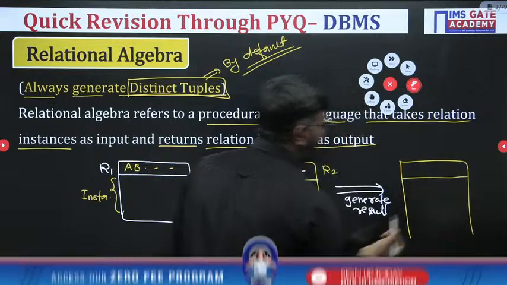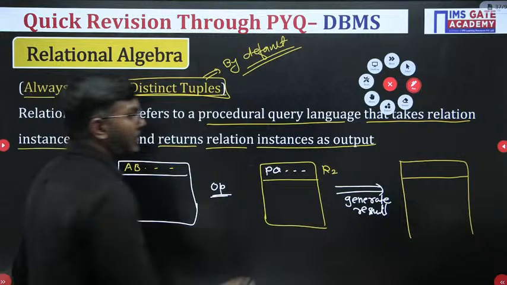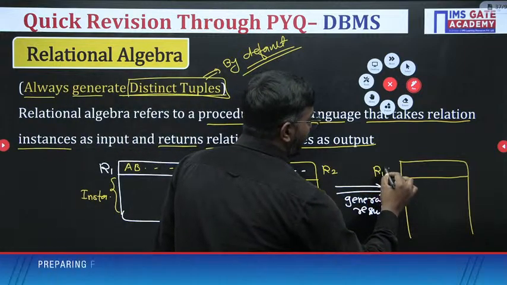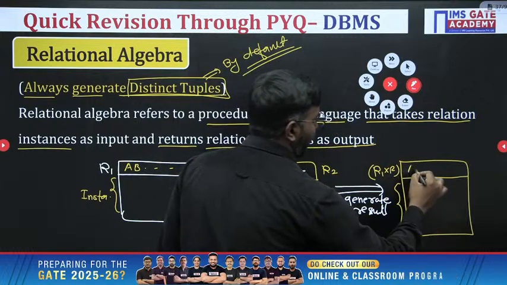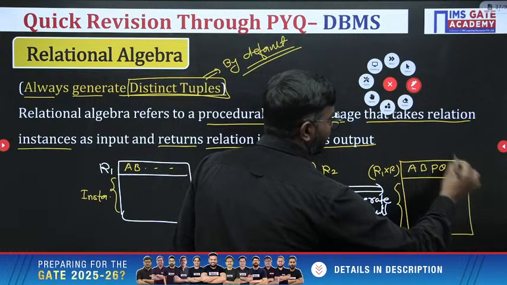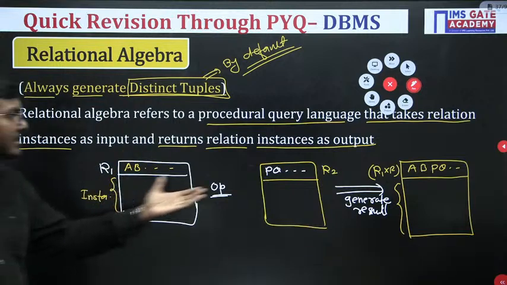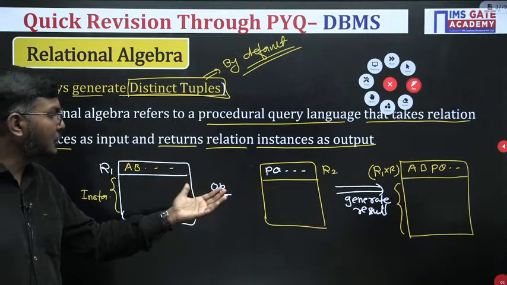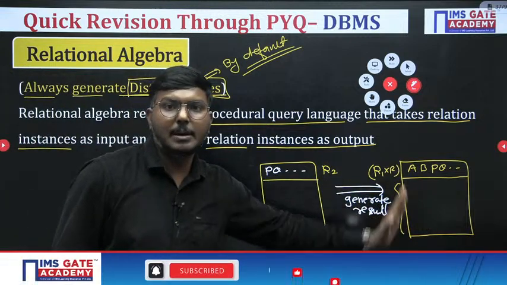Based on some operator, like if it is a cross product, then it will finally generate the result as R1 cross product R2 having some records in this table, like this. Fine. So relational algebra will take input as instances, and after execution of the operator, it will generate the instances as output. Getting my point? Done.